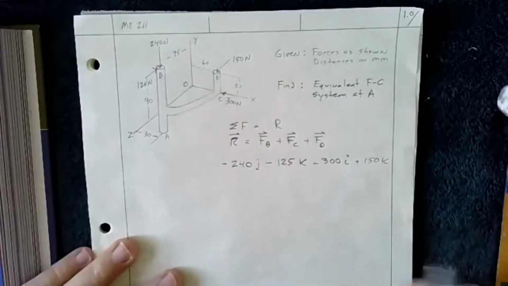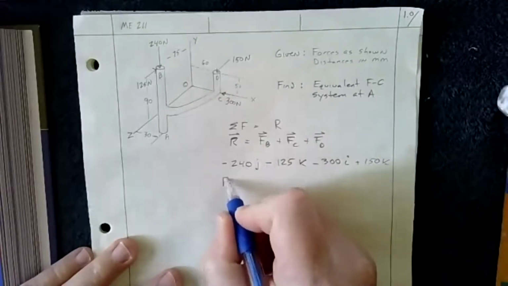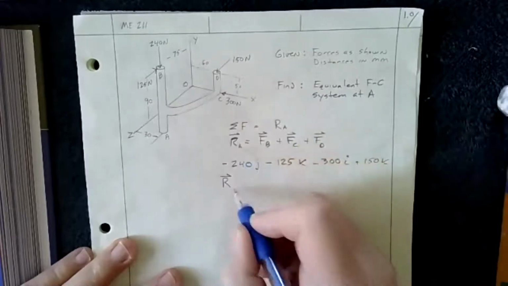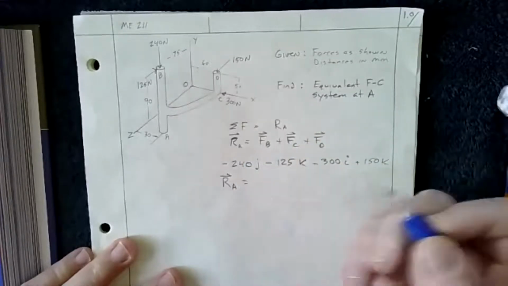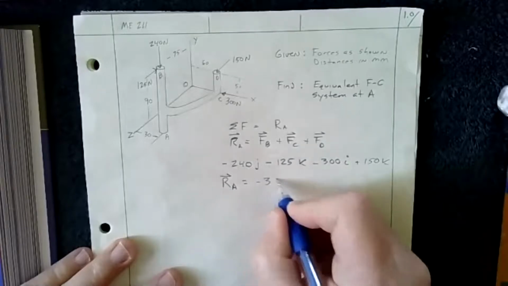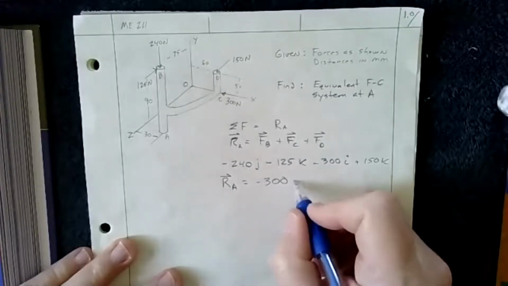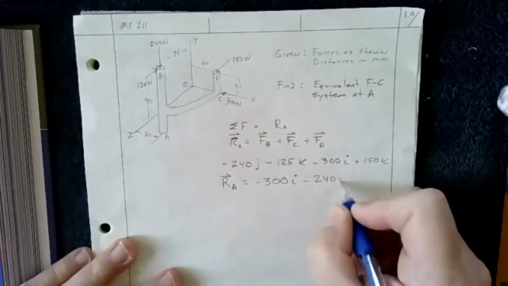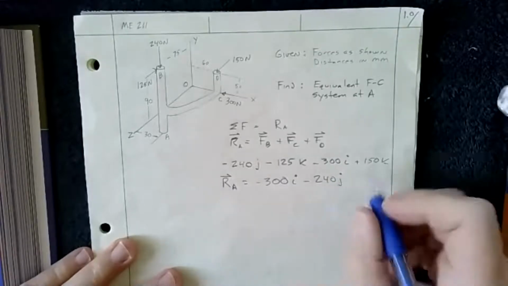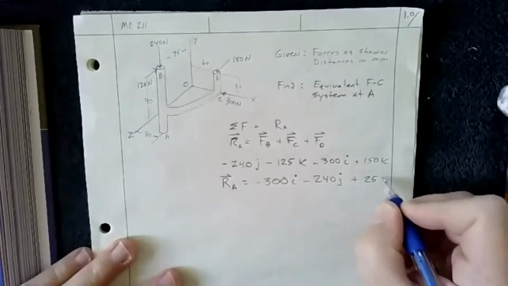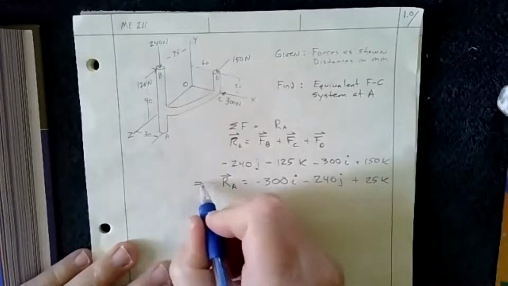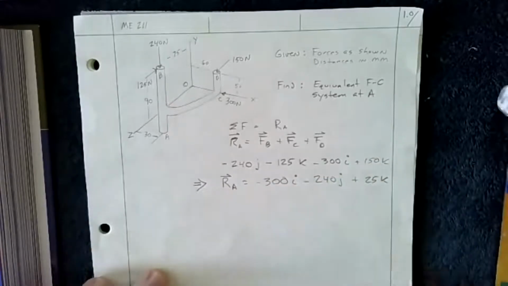So if we add them together, then our resultant force, which is at A, equals negative 300 i minus 240 j plus 25 k. All right, so that is part of our answer right there.